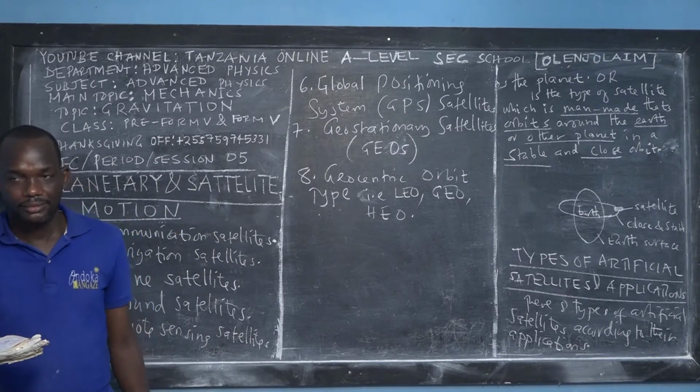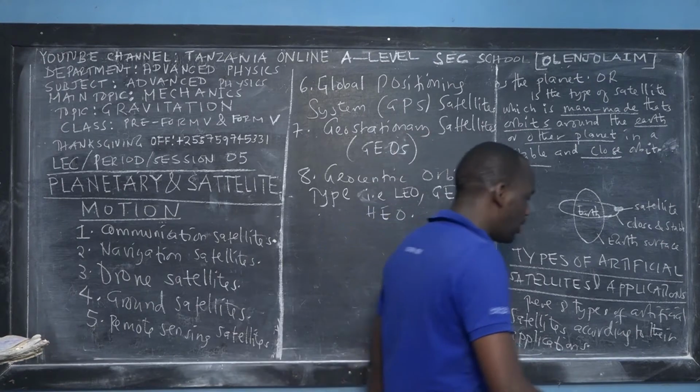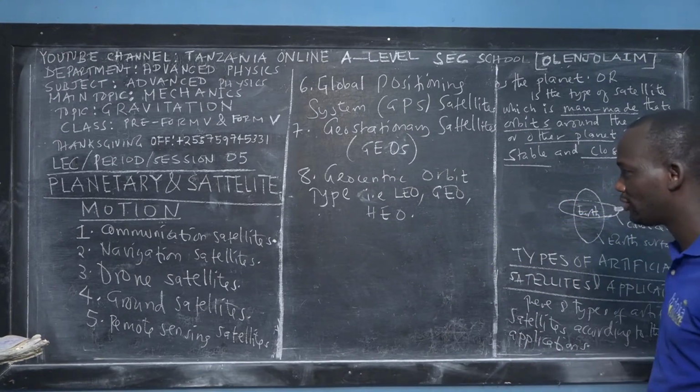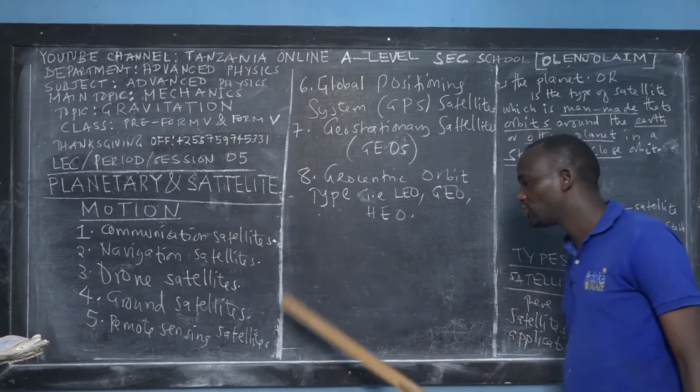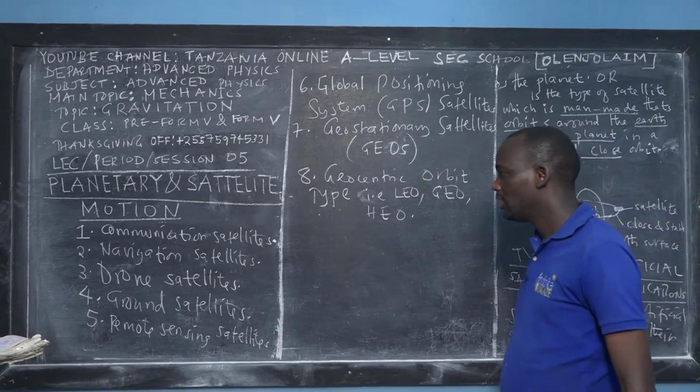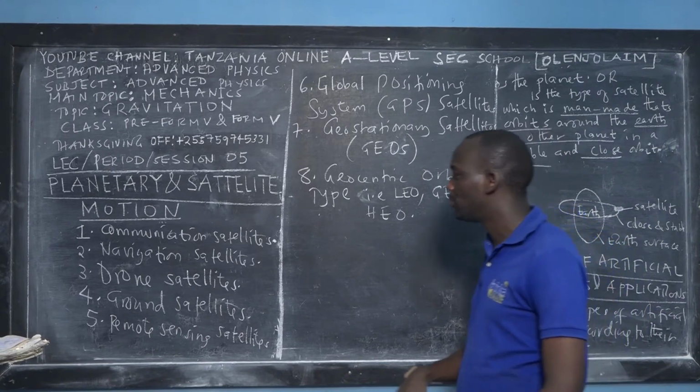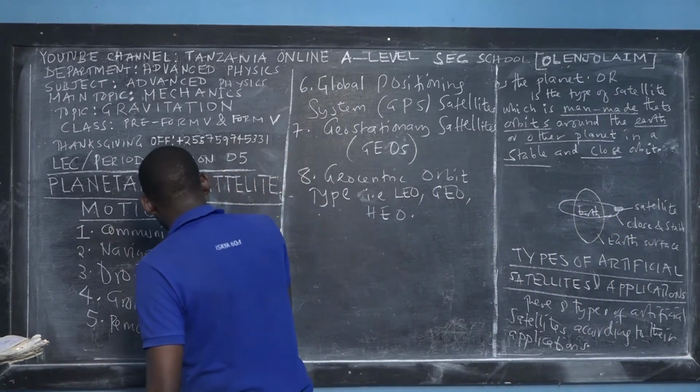Okay? So right now we have too much information concerning the types of artificial satellites. First one, I said communication satellites, for worldwide communication, for example, when you are using the internet, right?